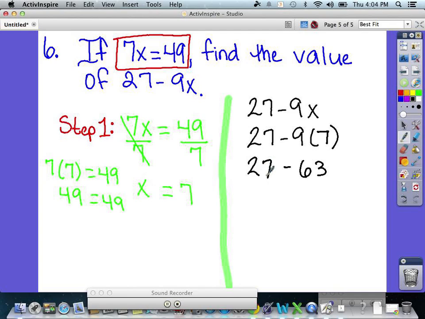Now you have 27 minus 63, which will give us negative 36. Your answer here would be negative 36. That's your answer.